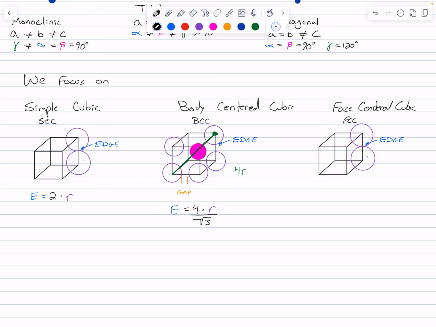And finally, face-centered. Here, you have atoms on the face. So this atom is going to be on the face. And they're not going to be quite touching on the edge. There's going to be a gap there, but there's going to be some on the face.